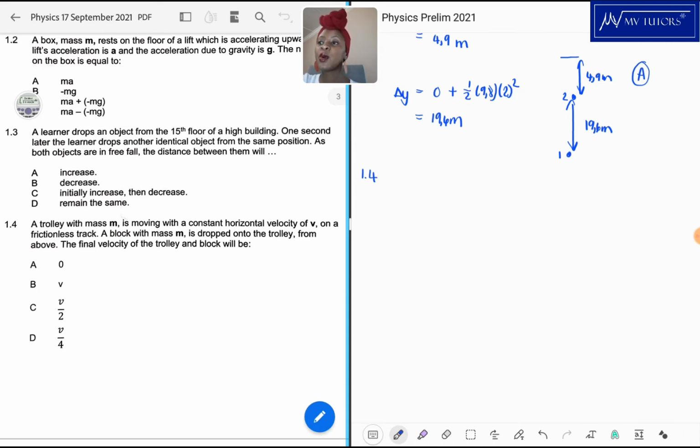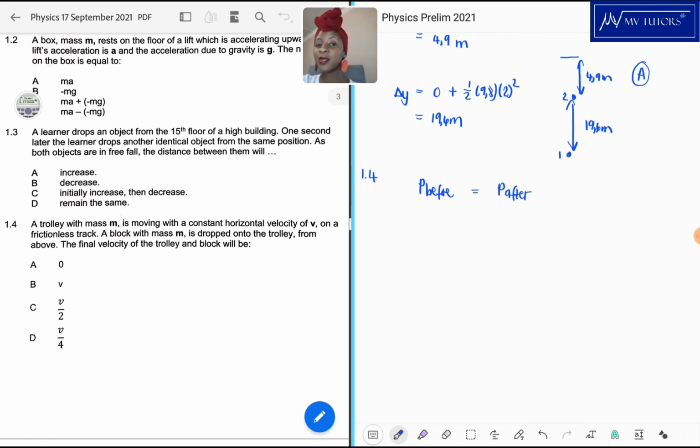A block with mass m is dropped into the trolley from above. So the final velocity of the trolley and block will be, this is a typical momentum question, where the momentum before is equal to the momentum after.